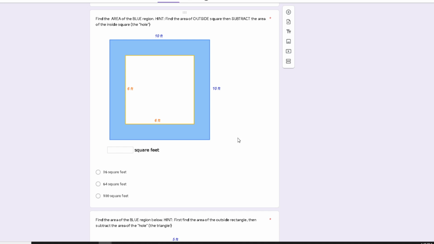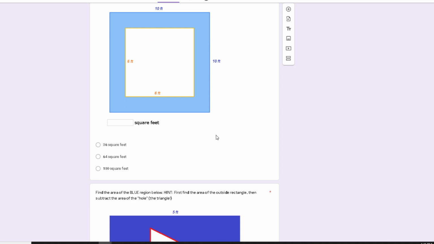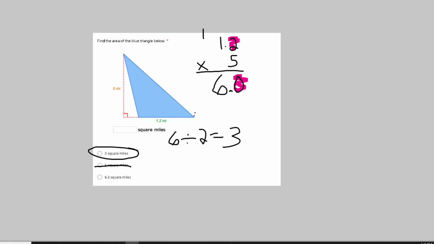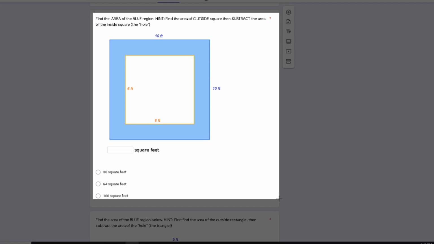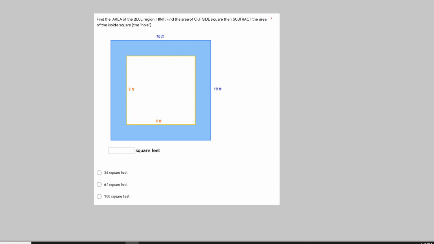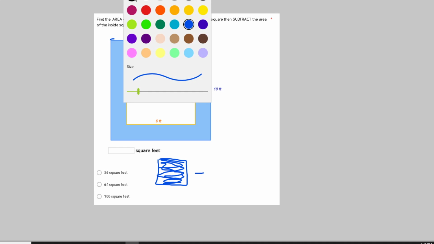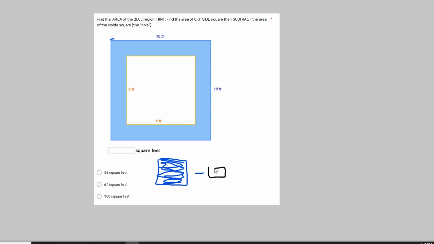So now we're going to find the area of the blue region. I know we seem to really have a hard time with these, but it's the same steps each time. We're going to find the area of the outside rectangle, the whole outside, as if this hole wasn't here. And then we're going to take away the area of this little hole here. And that's going to leave us with the area of this whole blue region around it.